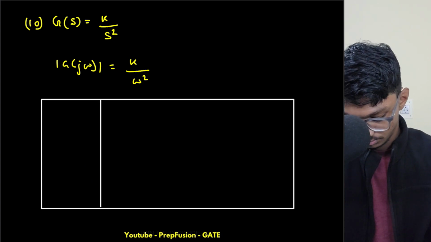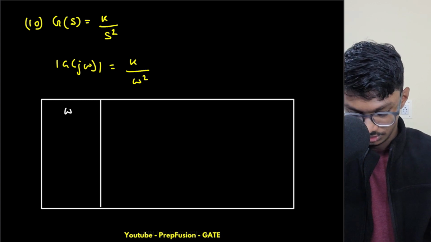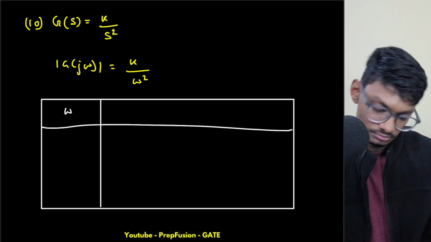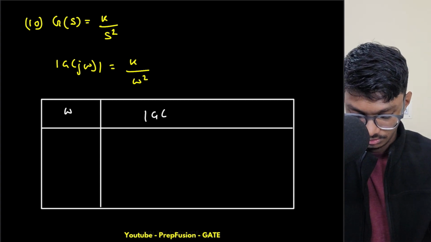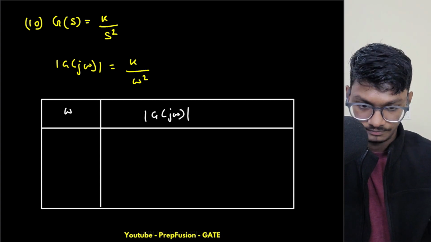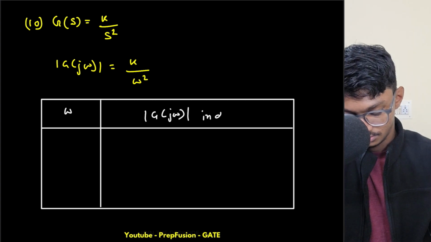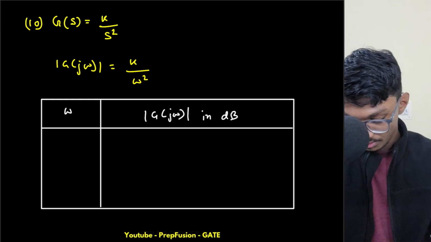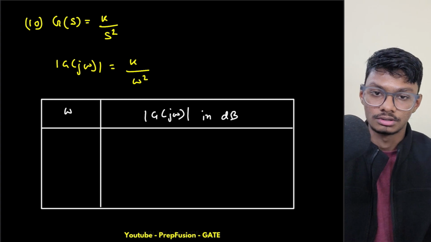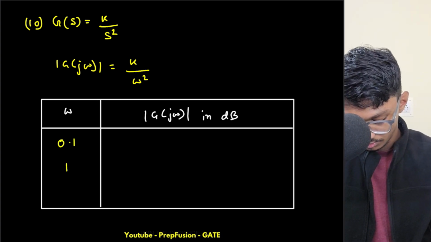Omega, and the magnitude of G(j omega) in dBs. Let's find the magnitude for different frequencies: 0.1, 1 and 10.